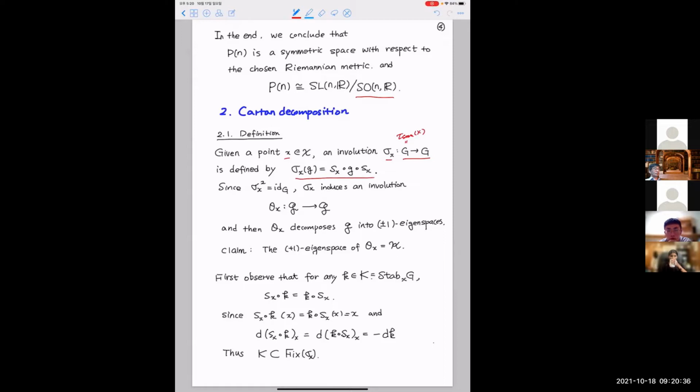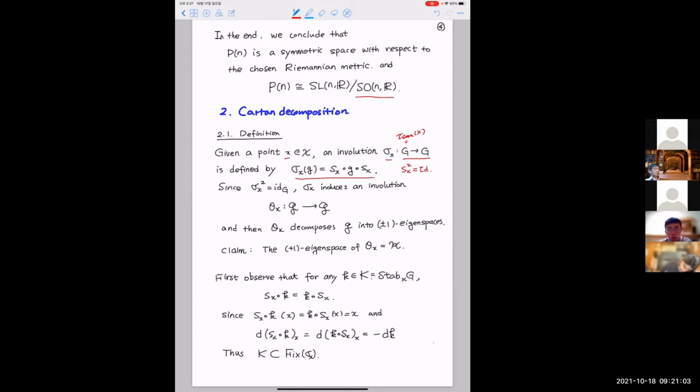Because the S_X square is identity, that means that sigma X squared is identity on G. So we have an involution of G. And also it fixes identity.